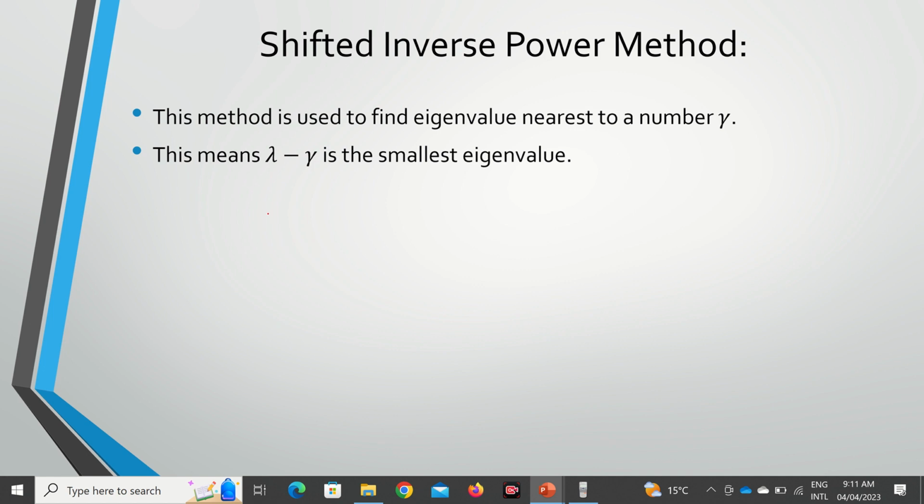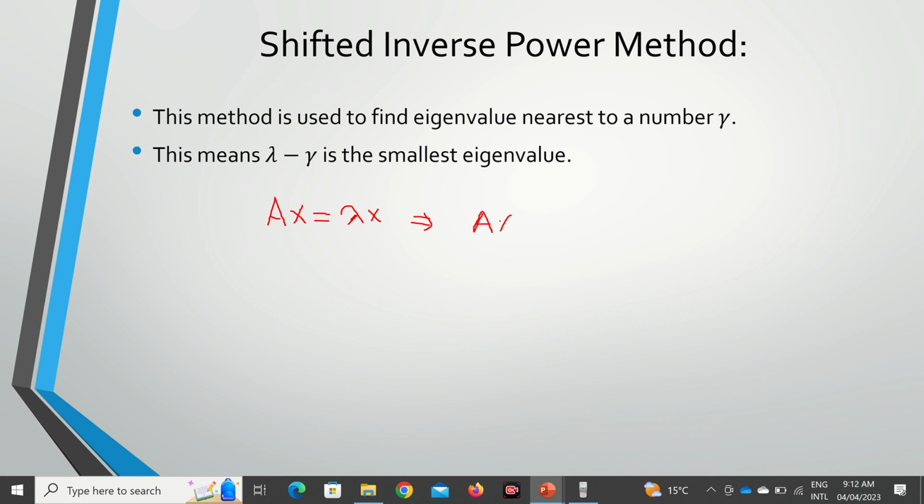You see, if lambda is the eigenvalue of matrix A which is close to gamma, we will have Ax equals lambda x. Right? Can we write it in this form if I subtract gamma x from both sides?